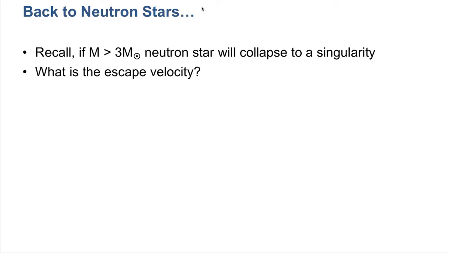So what is the escape velocity from the surface of a singularity? Let me remind you what the escape velocity formula is. Escape velocity squared is 2GM divided by r, right? If you make r go to 0, as r goes to 0, the escape velocity goes to infinity, right?